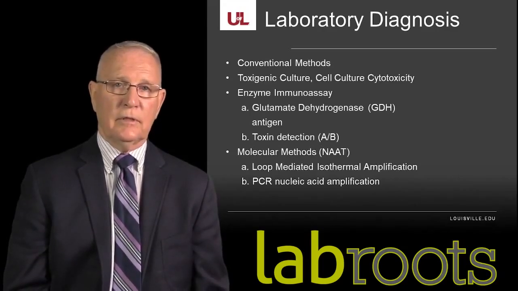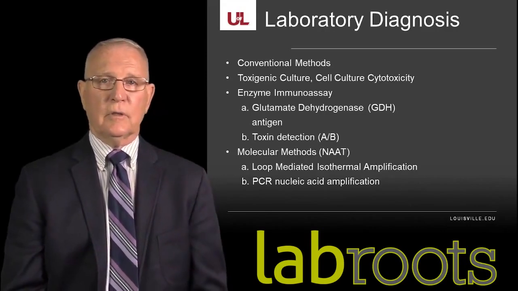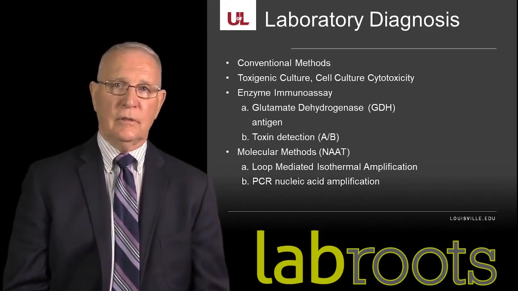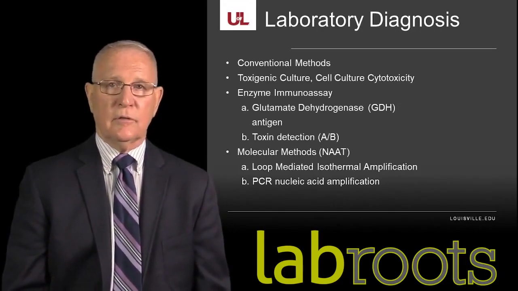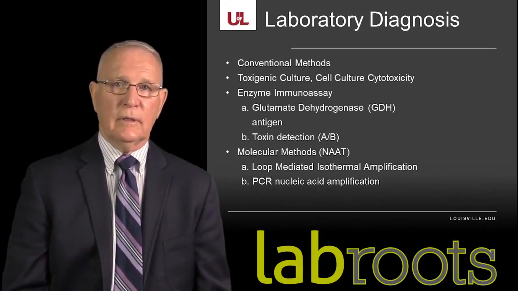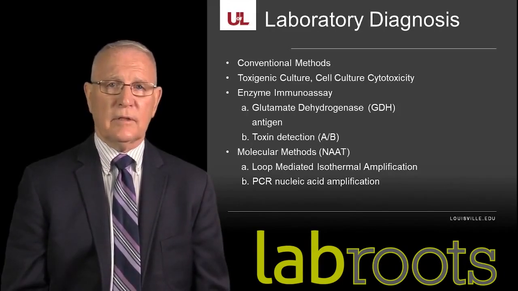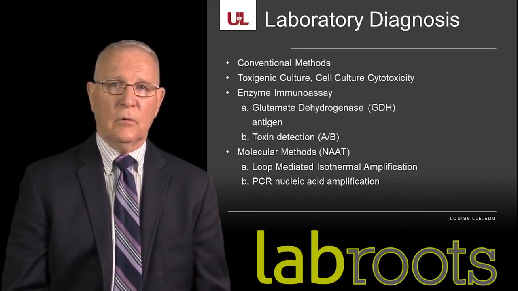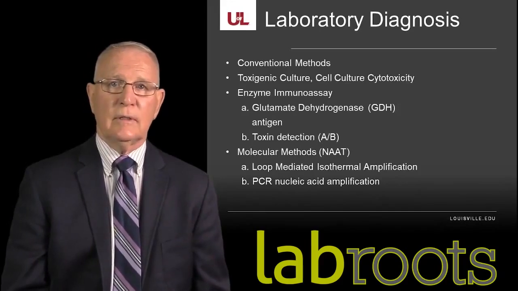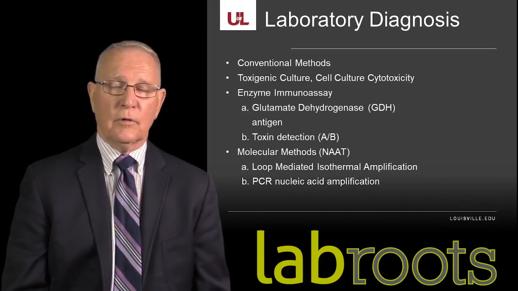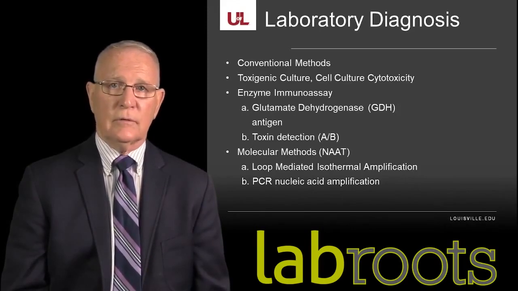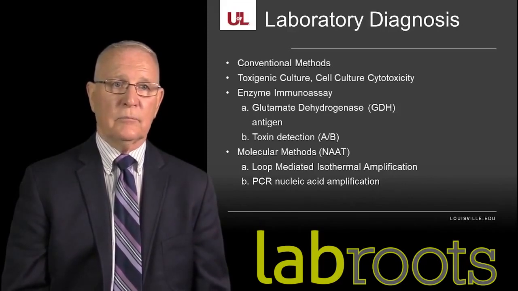One thing we need to remember is that these molecular methods detect the gene. They cannot differentiate toxin-producing organisms, but detect a gene that codes for the production of toxin. Whether or not that gene is active or actively coding for the production of toxin depends upon the use of a toxin detection assay, such as an enzyme immunoassay for toxin A and B.